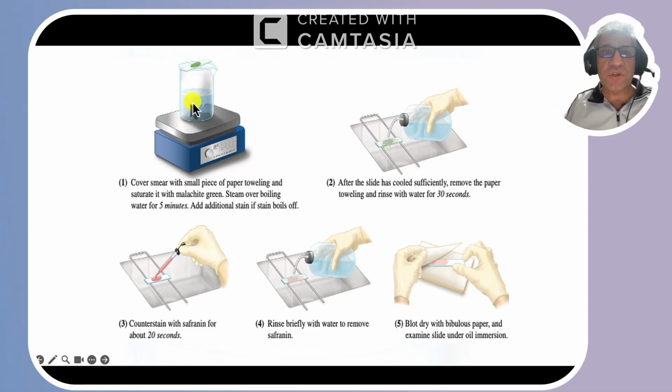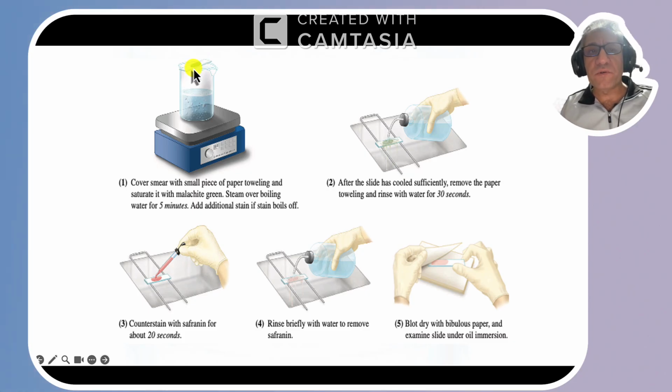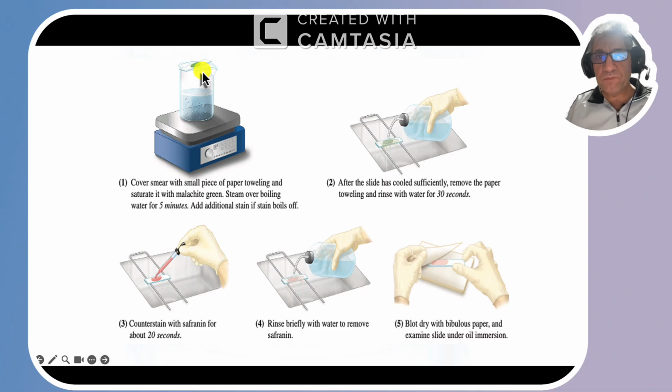I mean, look, it is a water bath, and put the slides here with malachite green for 5 to 10 minutes, and then washing, and then safranin for 45 seconds, or sometimes 30 to 40 seconds, and then washing again with water, and then dry with a piece of towel or filter paper, and then examine under the oil immersion lens.